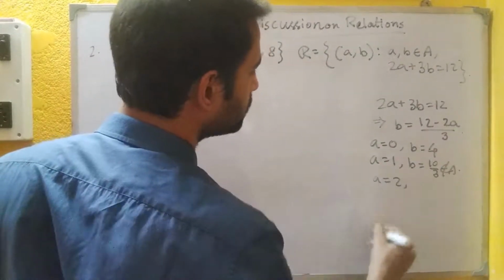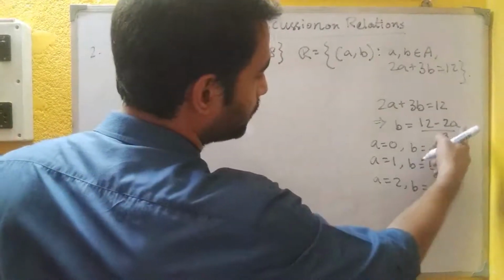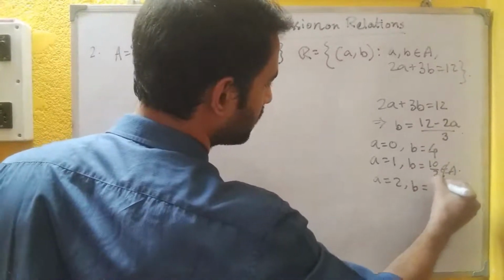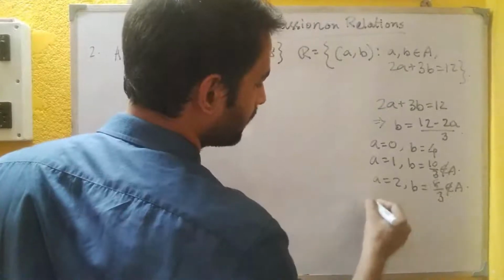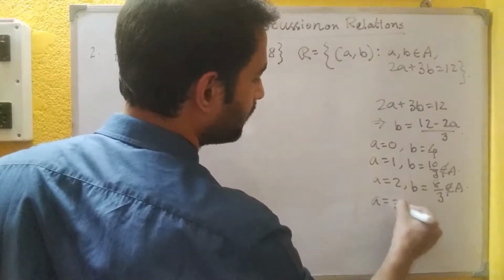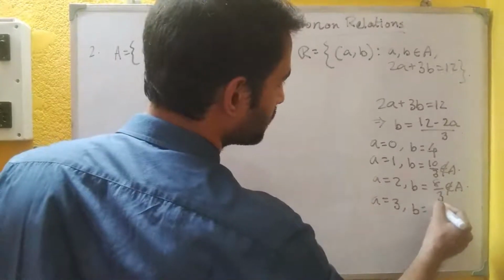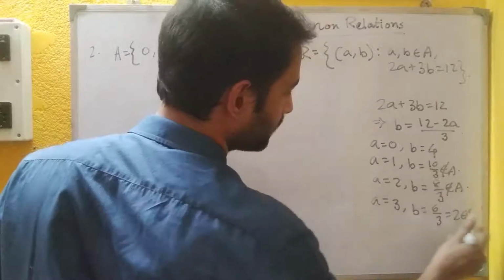Similarly, for 2, if you put 2 here, it is 12 minus 4, that is 8 divided by 3, so no elements. Again, for a equals 3, it's 6 by 3, that means 2. It is in the set.